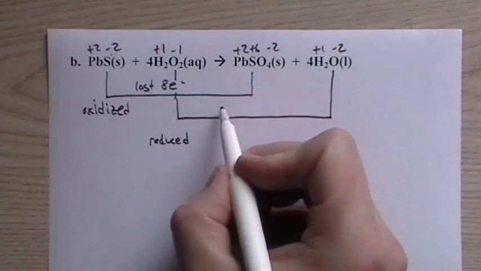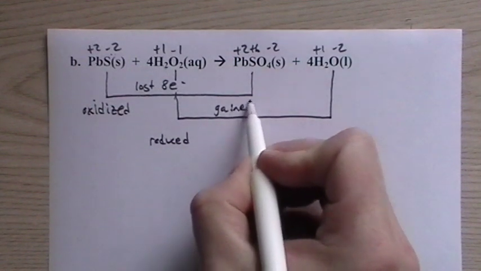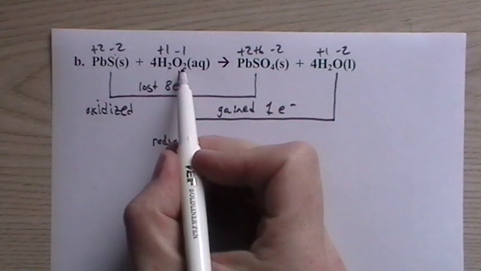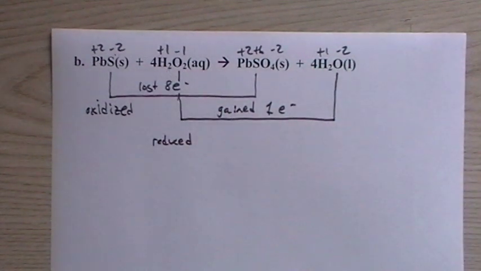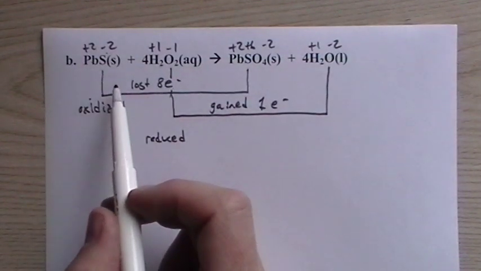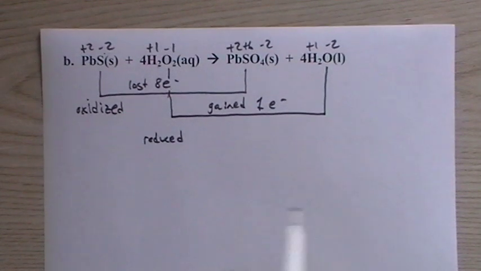So each oxygen gained 1 electron. And there's 2 of them in each molecule, and there's 4 molecules. That's a total of 8, and that's how, when we lost 8 electrons from the lead sulfide, the hydrogen peroxide gained 8 overall for all of the molecules.